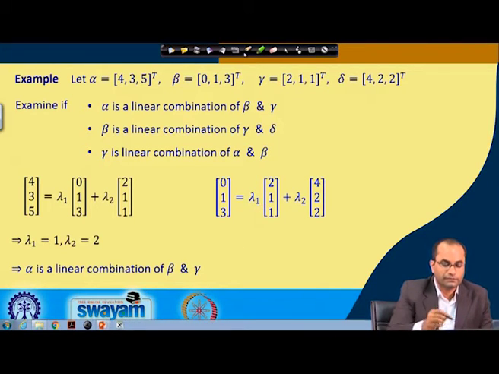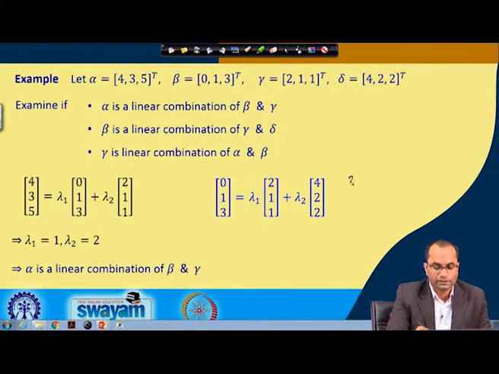If we write down the equations, the first equation is 2 lambda 1 plus 4 times lambda 2 is equal to 0. The second equation is lambda 1 plus 2 lambda 2 must be equal to 1, and the third equation is lambda 1 plus 2 lambda 2 is equal to 3.